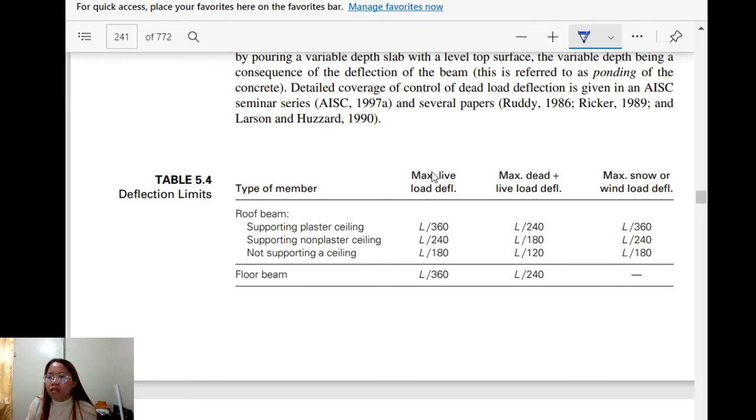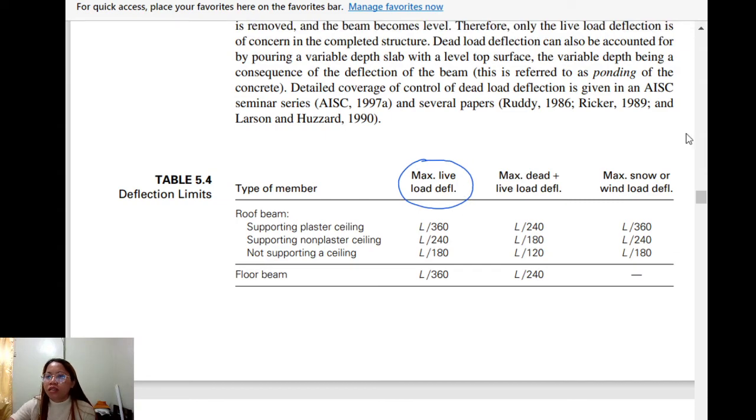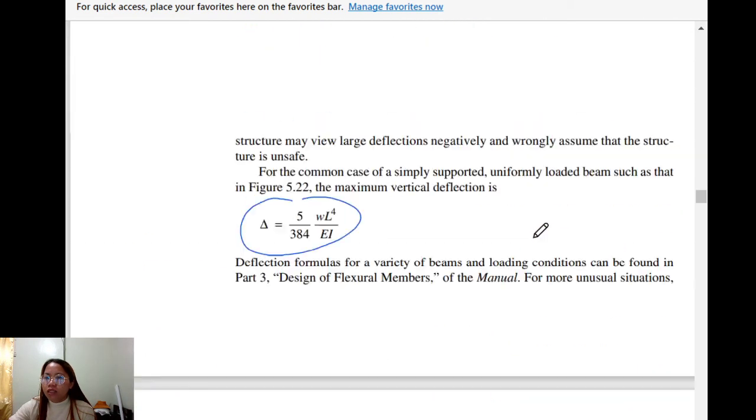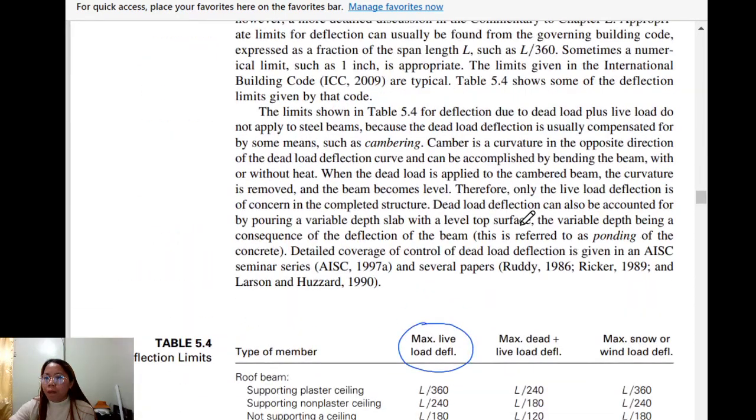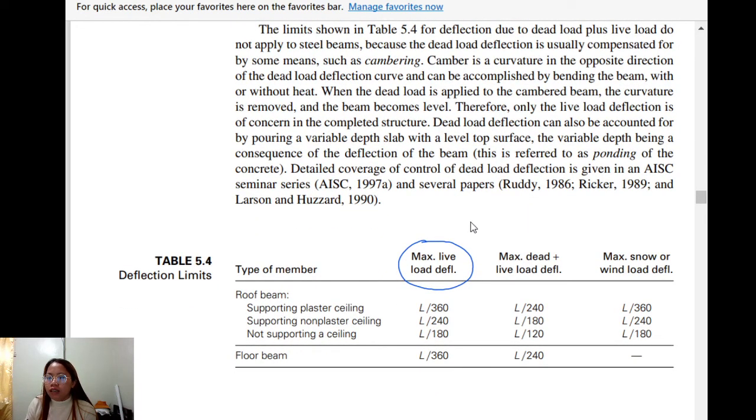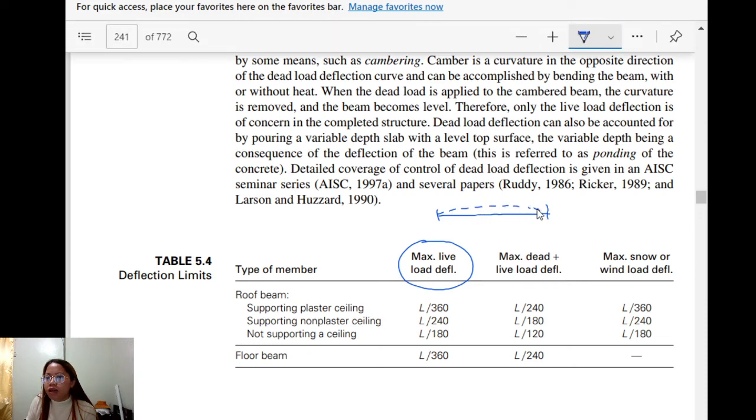Actually, in the computation of the deflection limits, we only account for the maximum live load deflection because the dead load is already accounted for by the camber. The camber means that during the construction of the beam, it already has a camber. Camber is like, if this is the beam, it is already cambered.